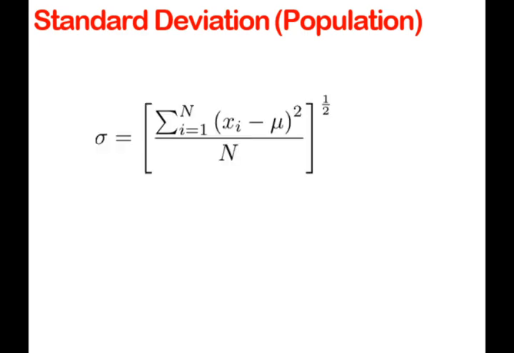Okay, so this is the main equation for the standard deviation, which is the summation of each observation minus the arithmetic mean, squared, over the number of observations in your data set, and a square root of this. Okay?